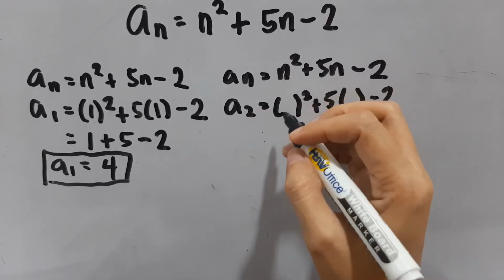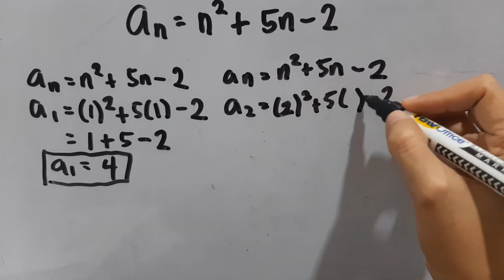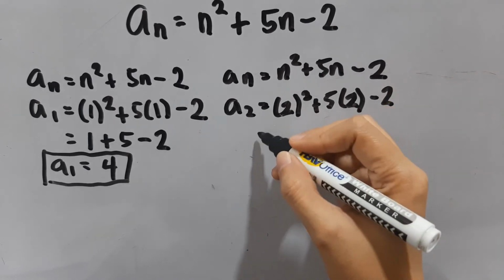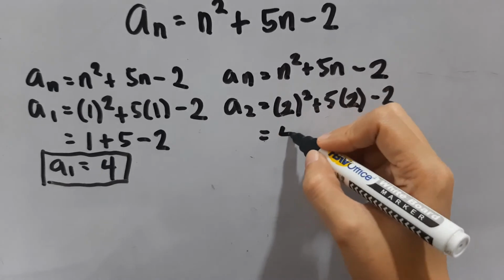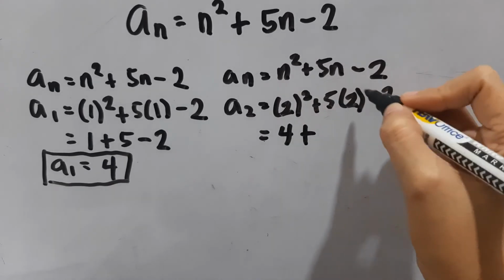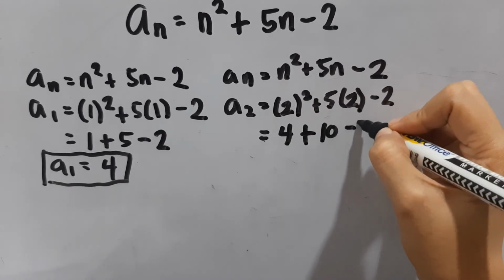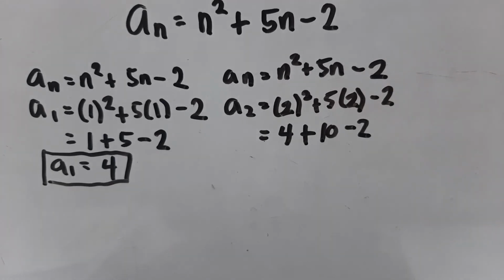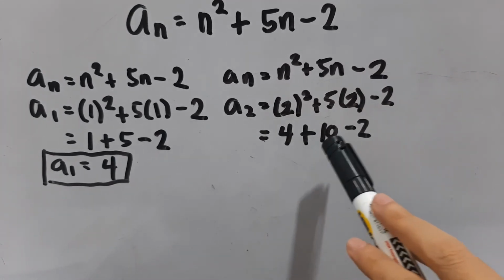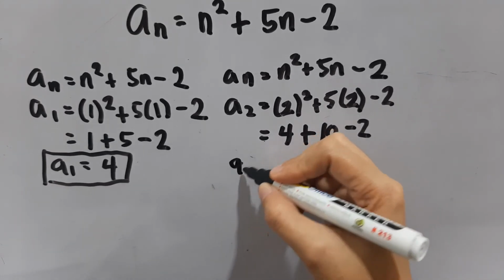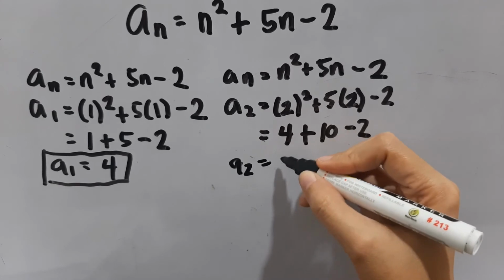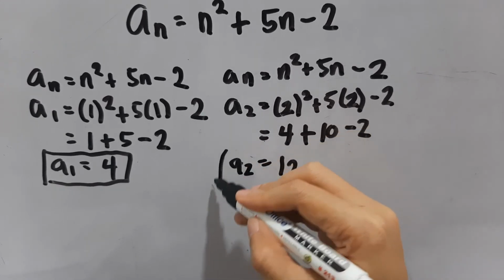So, replace the n here with 2. So, I have 2 squared is 2 times 2, so that's 4. 5 times 2 is 10 minus 2. So, 4 plus 10 is 14. 14 minus 2 is 12. So, our second term is equal to 12.